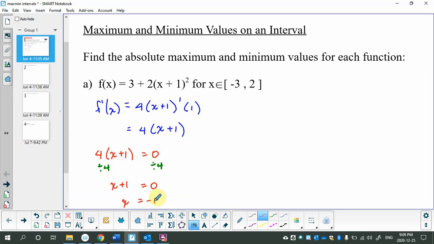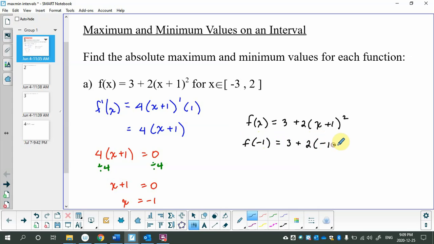We are going to have to find the y value. So I'm going to do that over here. I'm going to pick a different color. Let's go for black. Remember that the y value is found using the original equation. So we are going back to this thing, which is in the question. And I'm going to put in negative 1 wherever there's an x.